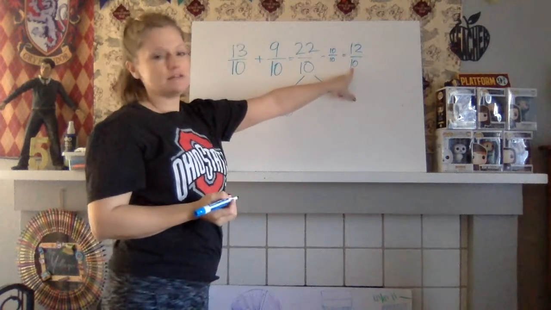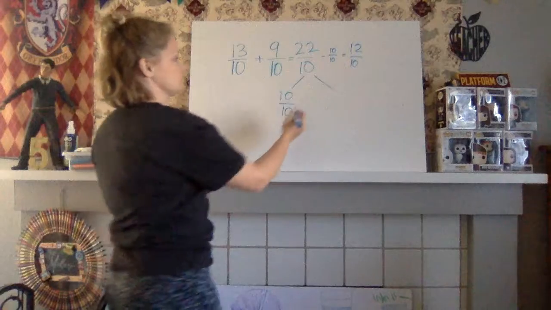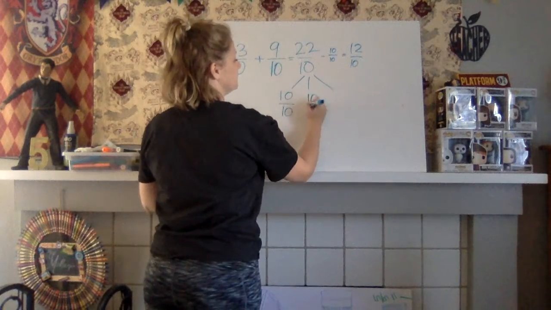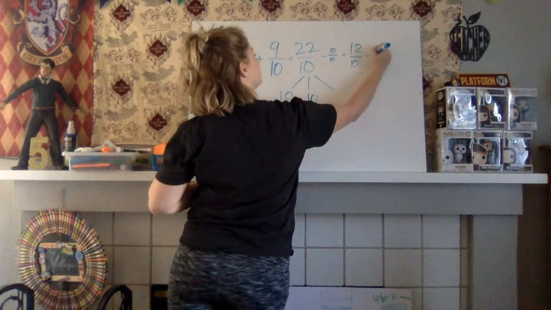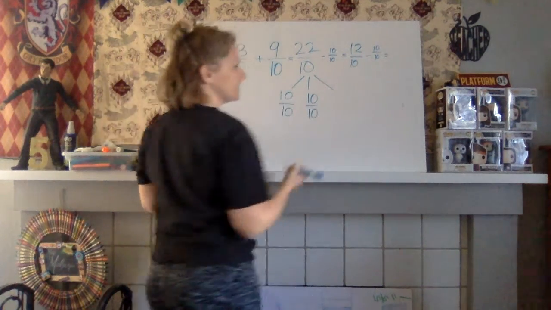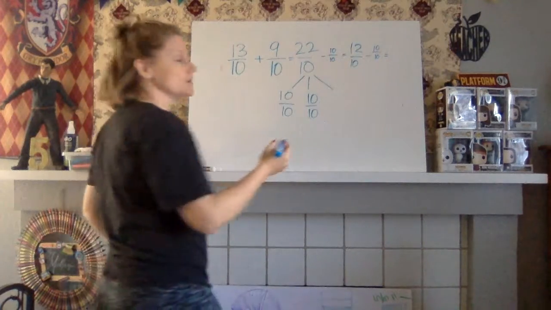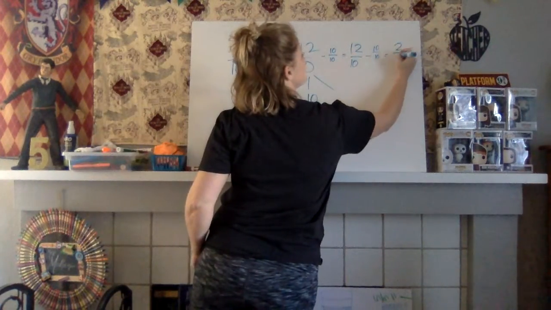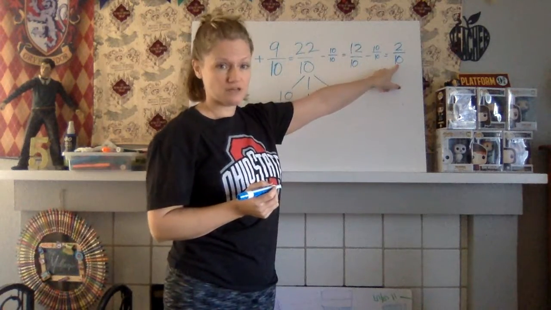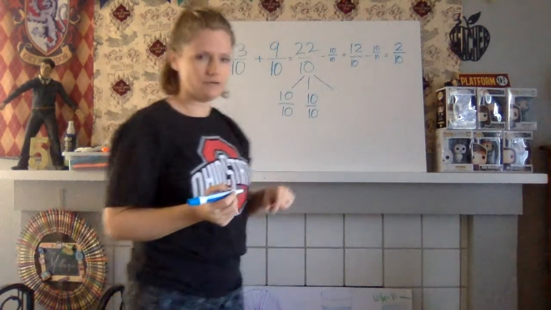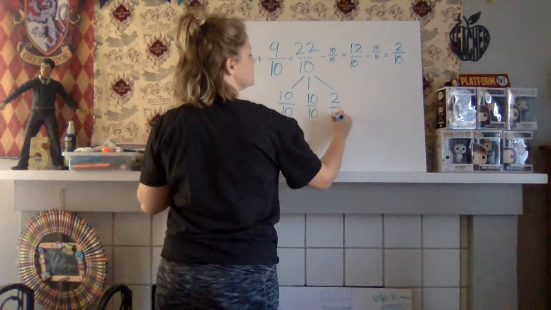Well, this is still an improper fraction, which tells us that we could bring out another whole. So we're going to bring out another 10 tenths. We'll subtract it up here. We're just subtracting to keep track of where we're at. You don't have to do the actual subtraction. So you have 2 tenths left over. Now we no longer have an improper fraction, meaning the numerator is no longer bigger than the denominator, so we write down what we have left over, which is 2 tenths.